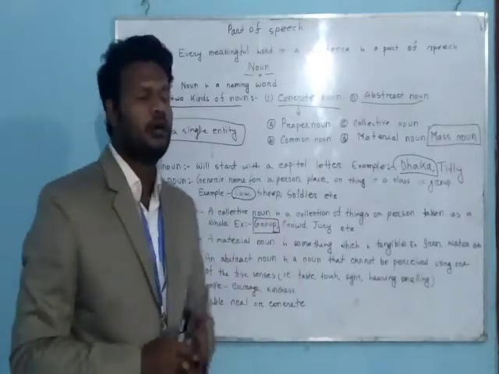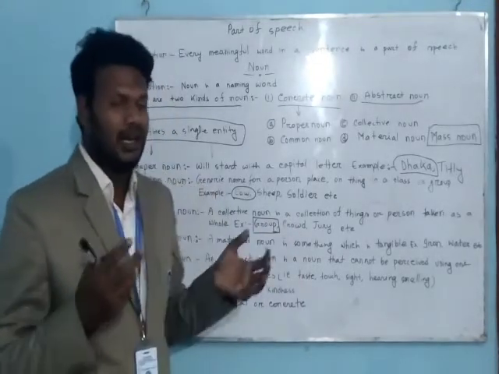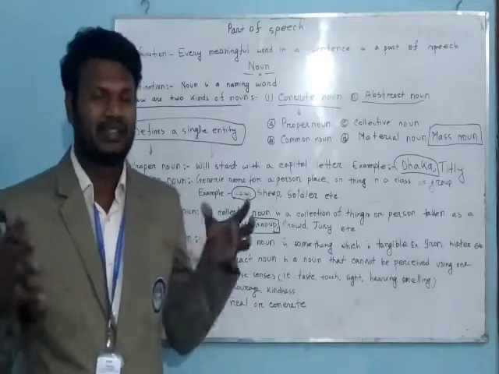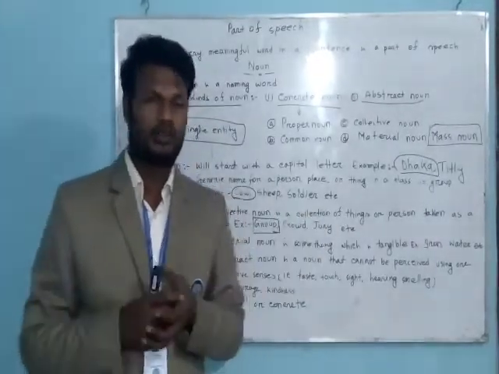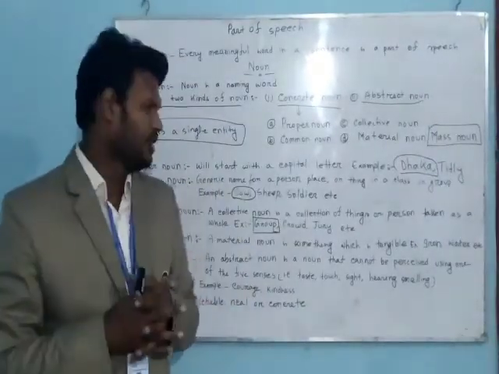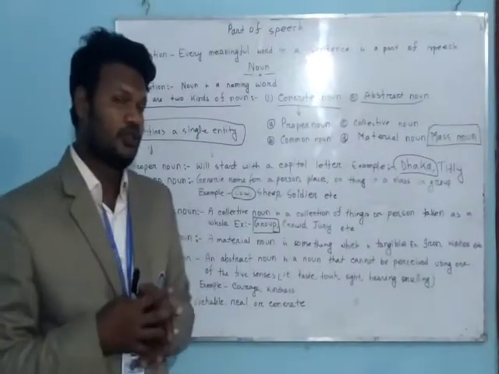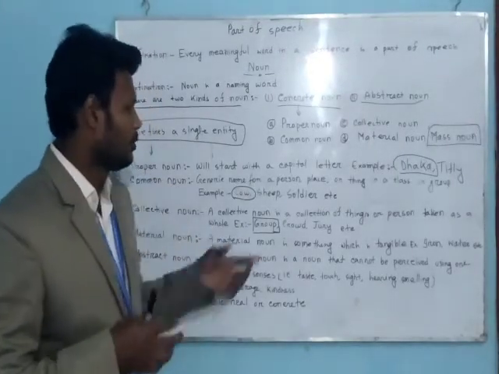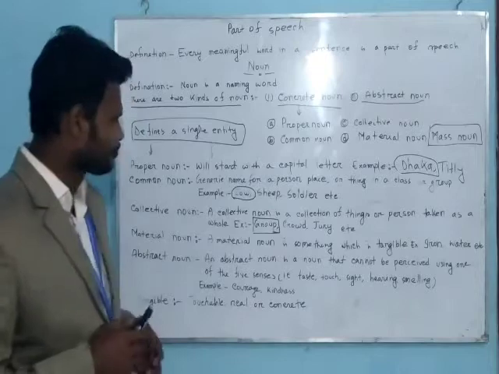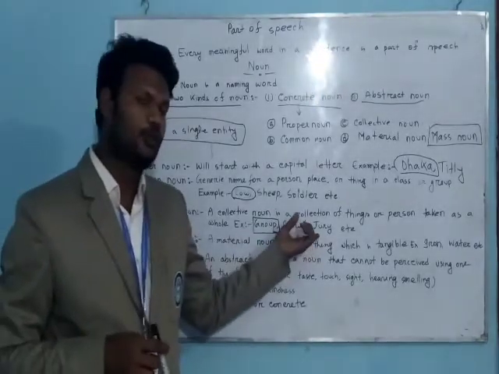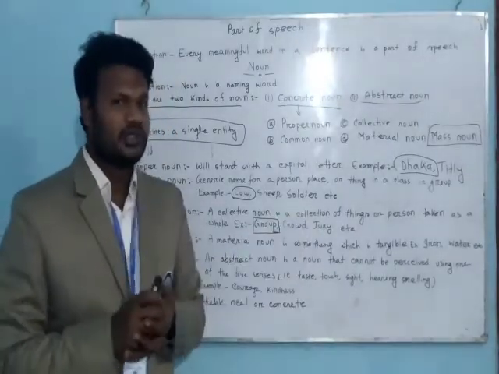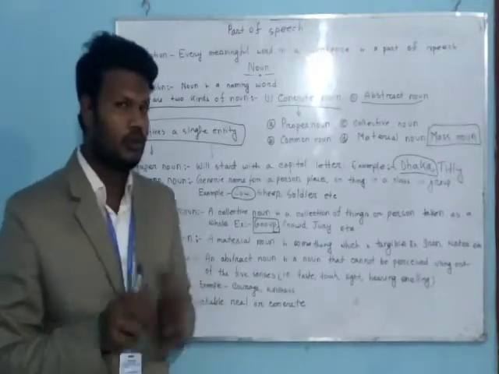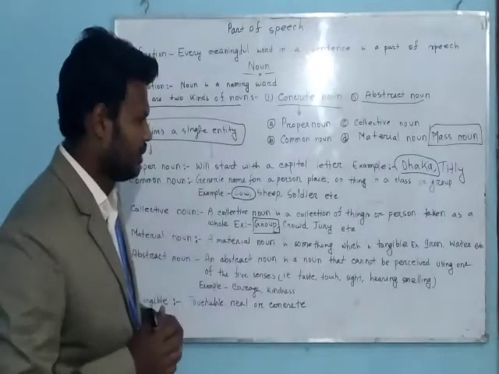And the crowd. What is a crowd? Crowd means when some people are gathering in a place, they are called a crowd. So crowd is a collection of people. So crowd is a collective noun. And here is another example: jury. Jury is related to a board, and you know the meaning.